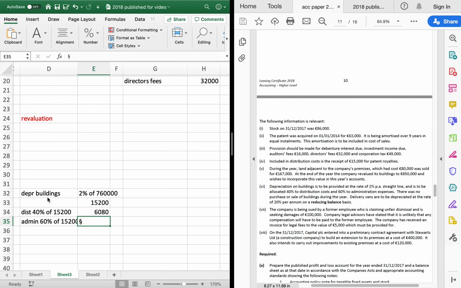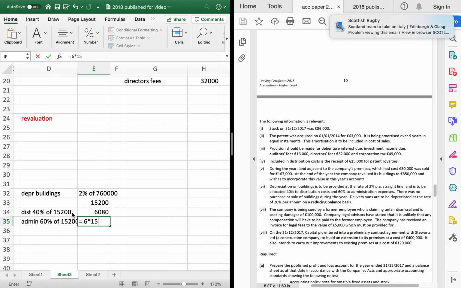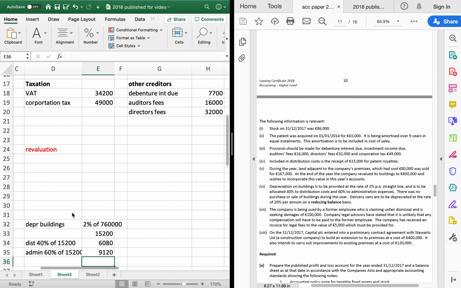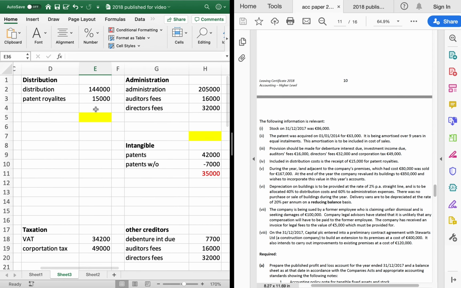That's 6080 for the distribution and 9120 for the admin. All right, so we'll go up there. So for distribution, 6080, and for the administration, it's 9120. That is for depreciation of buildings.